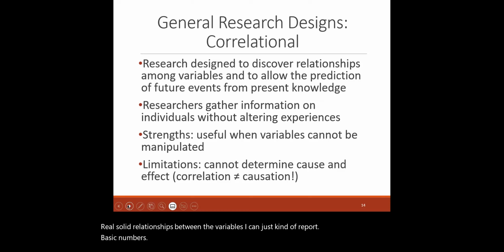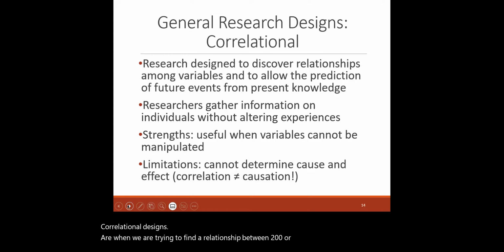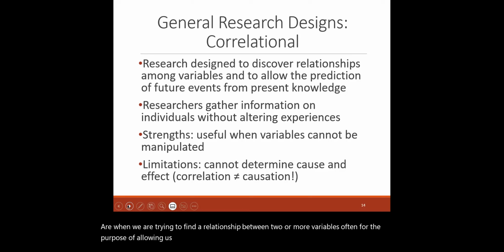Correlational designs are when we are trying to find a relationship between two or more variables, often for the purpose of allowing us to make a prediction of future events from current information.